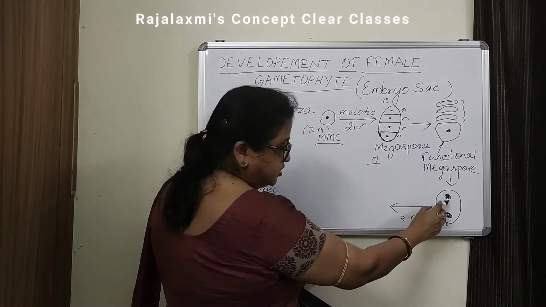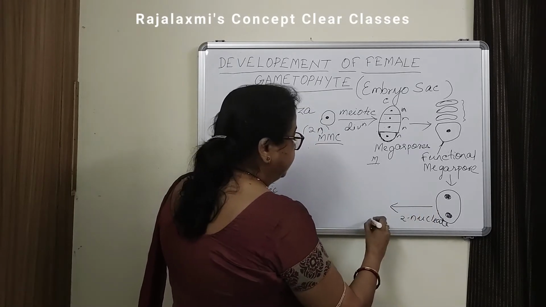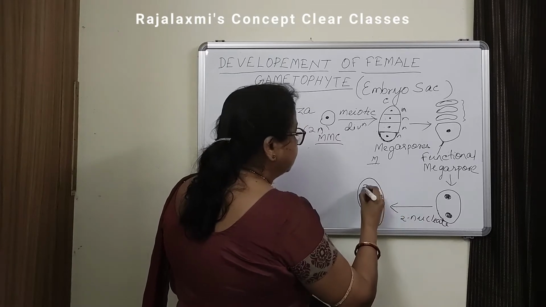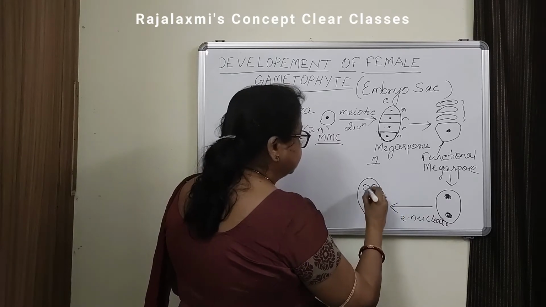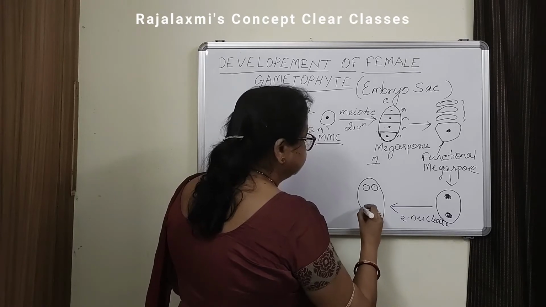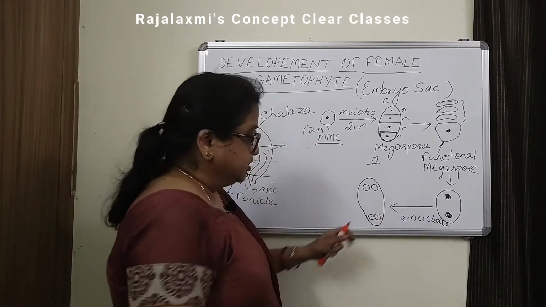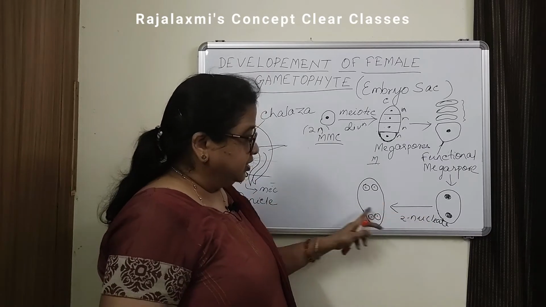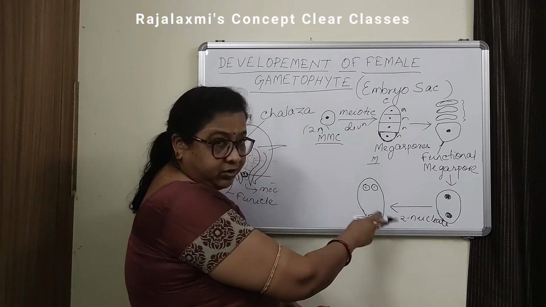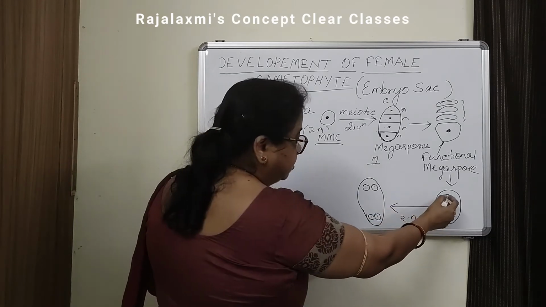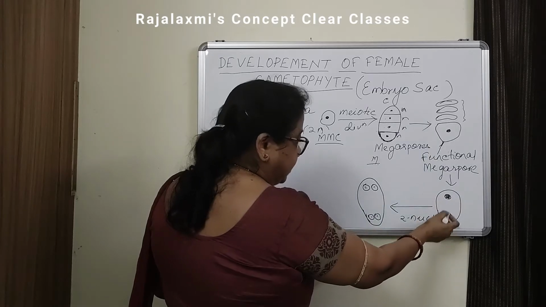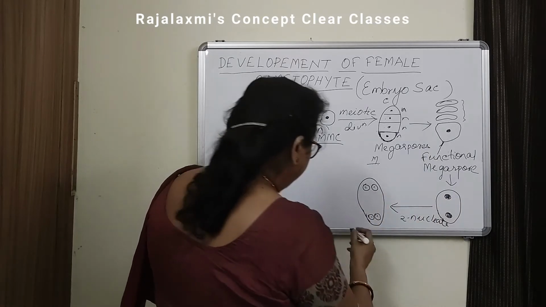Then each of these nuclei divides so that 4 nuclei are formed. And this is only nuclear division. There is no wall formation. Only the nucleus divides, the single nucleus divides into 2. Again the 2 nuclei divide into 4.